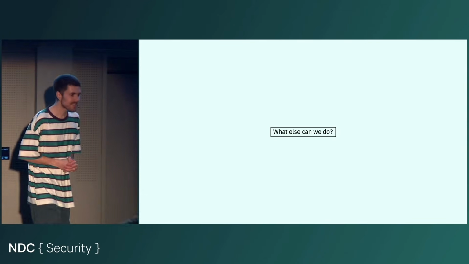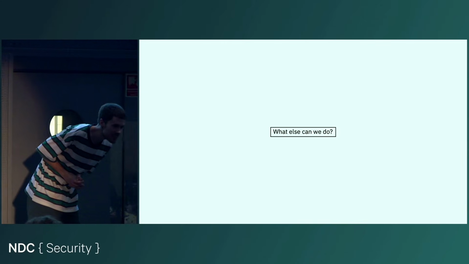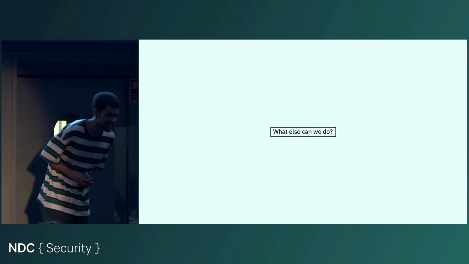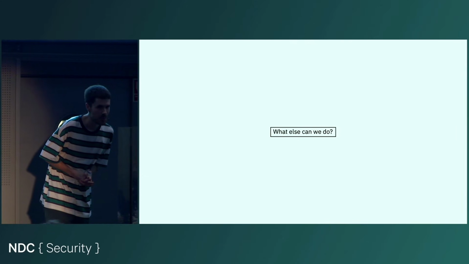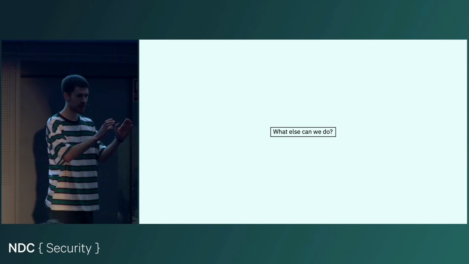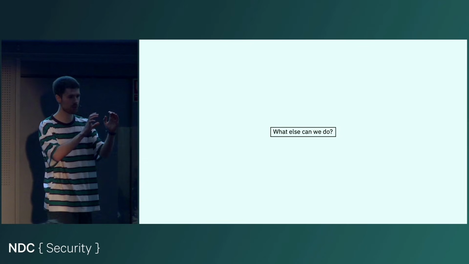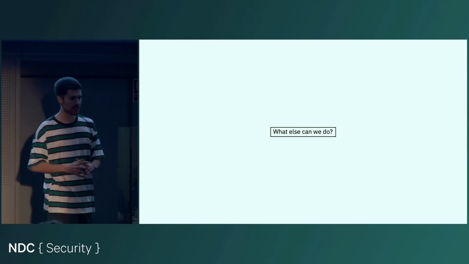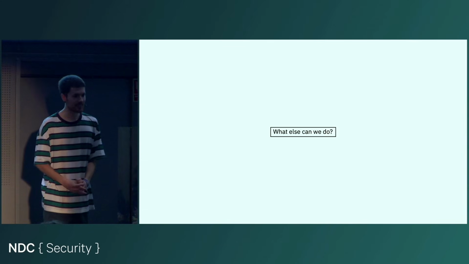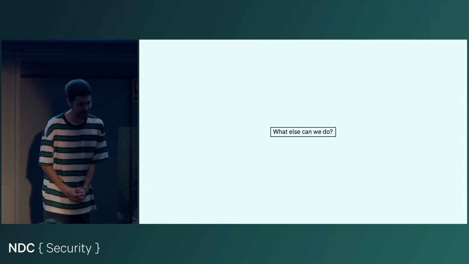Any ideas? Sorry? So you show that they are grouped together, so you could look at how they are put together. So you mean, for example, if I have a Latin character next to a Russian character, something like that? Or you look at what the purpose of what you're writing is. Are you writing a scientific paper?